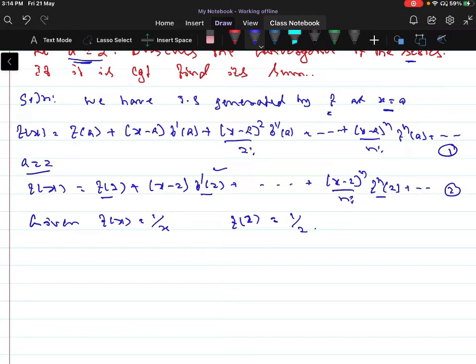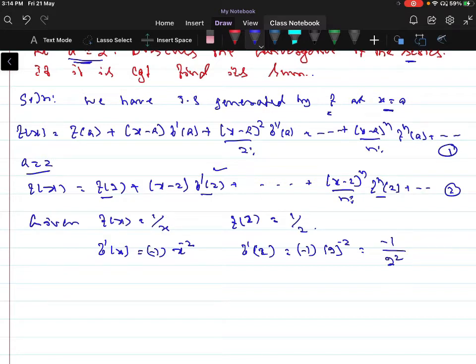Let us differentiate this function. f'(x) = -1 times x^(-2). So f'(2) = -1 times 2^(-2), which can be written as -1/2^2.